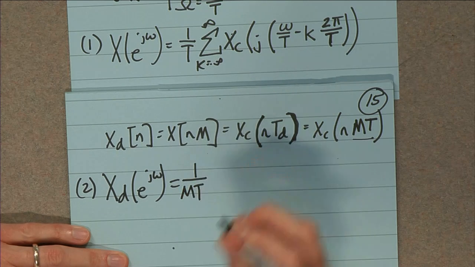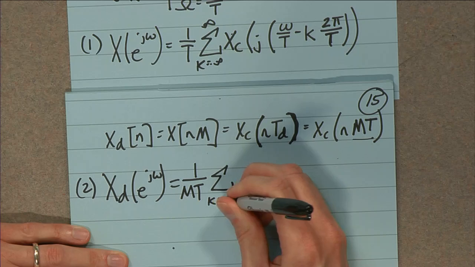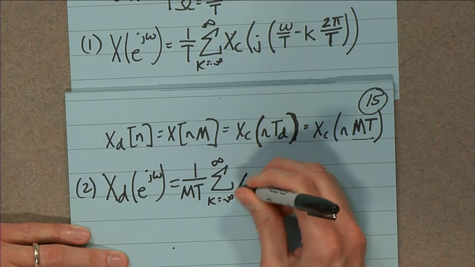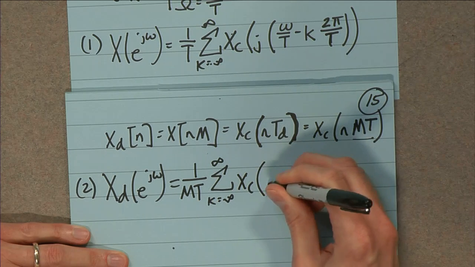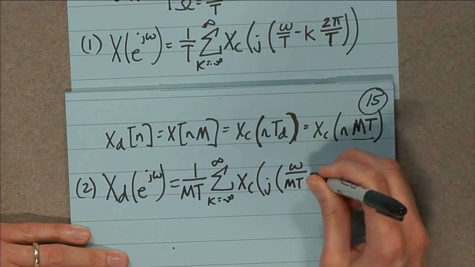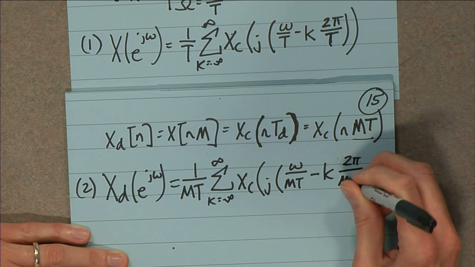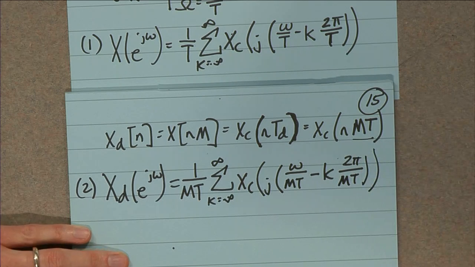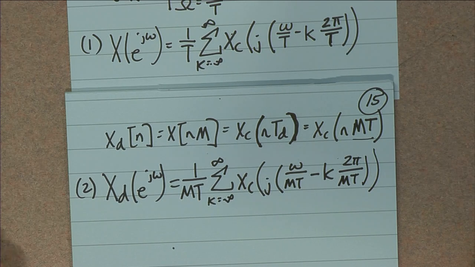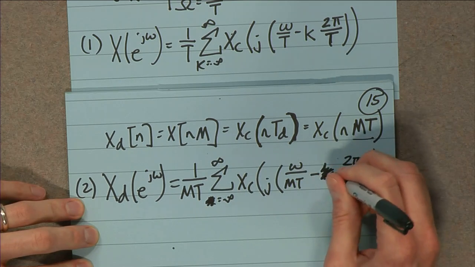So we end up with an expression like this. Omega, we've got capital MT minus k over 2π, and now we've got MT again. Now I think what I wanted to do is not use k as an index.